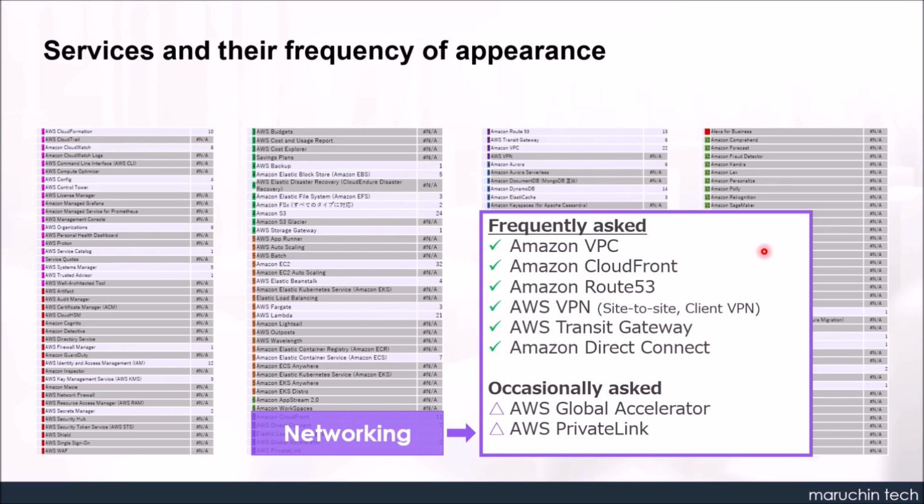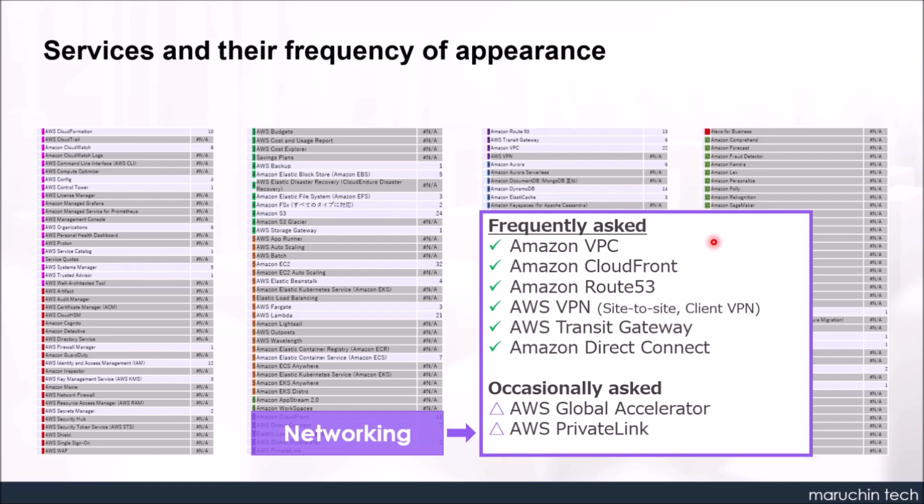All the services in the network category are frequently asked about. Amazon VPC includes security groups, network ACLs, VPC endpoints, IP prefix lists, and more.